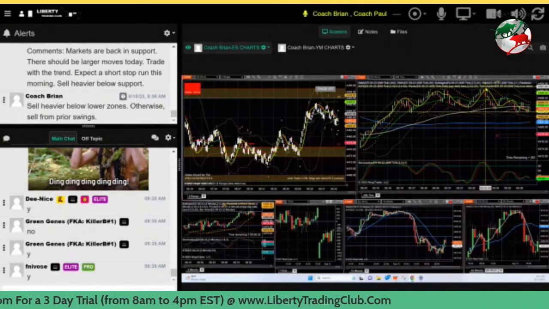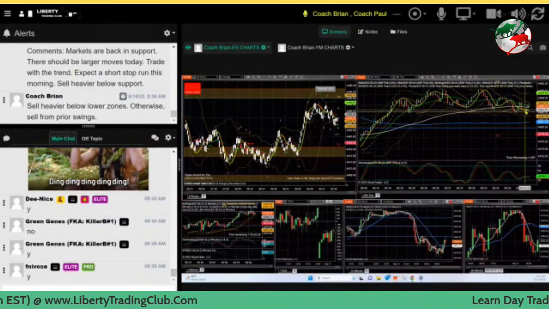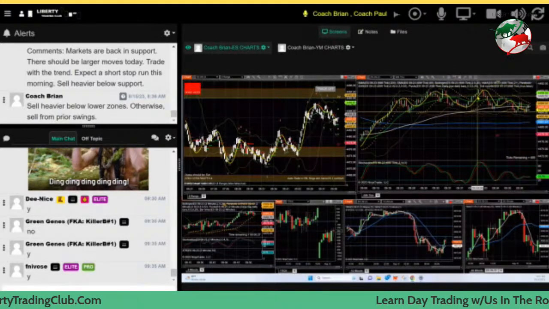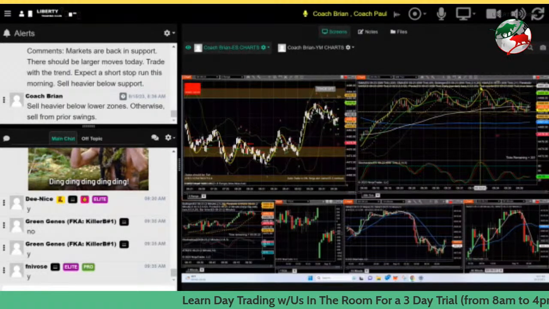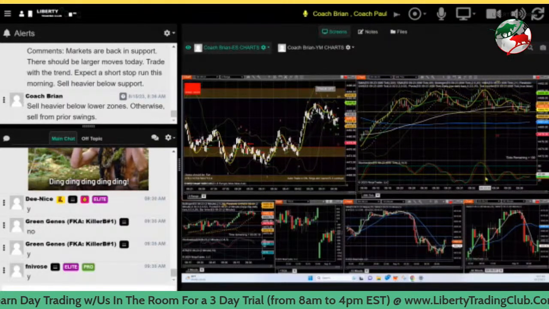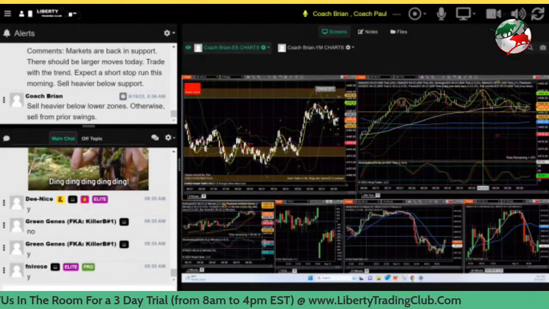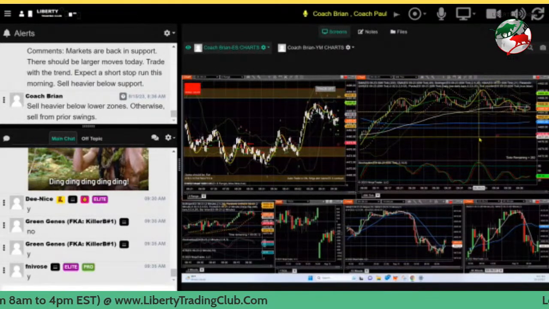Stop still has to go above the prior swing or the current swing that you entered on, one or the other. So if you're doing the ES sell stop, it's up here. If that's too much risk for your trade plan, you don't take it. What do you do? You wait for overbought stochastics and a sell signal.